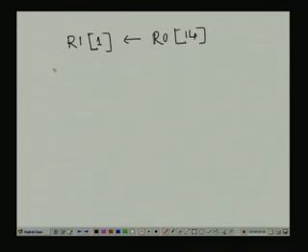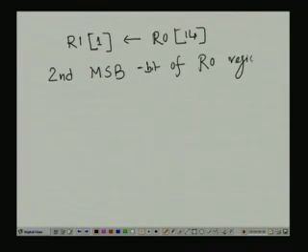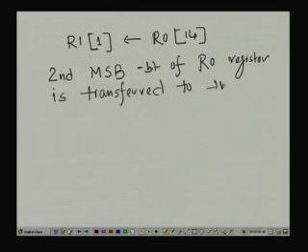This means the second MSB, most significant bit, of the R0 register is transferred to the second LSB, the least significant bit, of the R1 register.